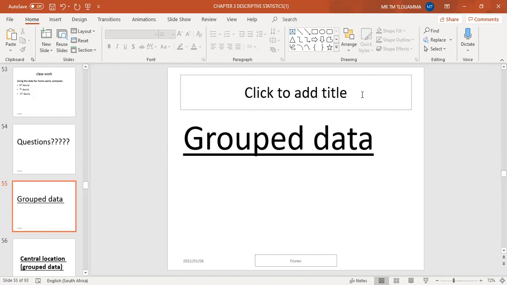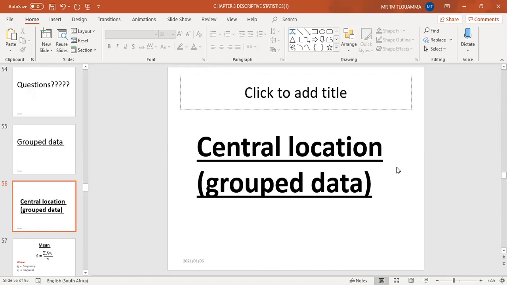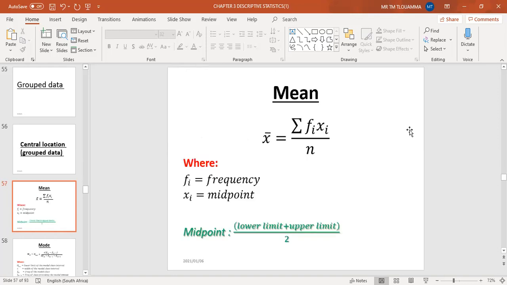Yeah? So with the grouped data, we're still going to look at those three measures of central location. The only difference is that we are not going to use the very same formulas that we have used in the ungrouped data.